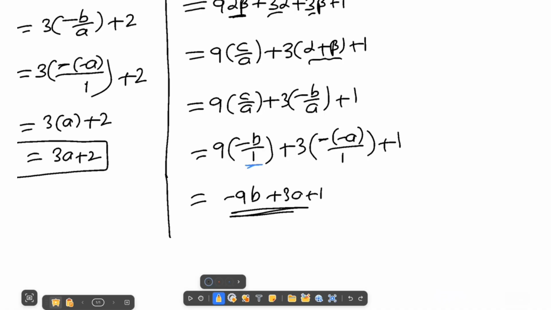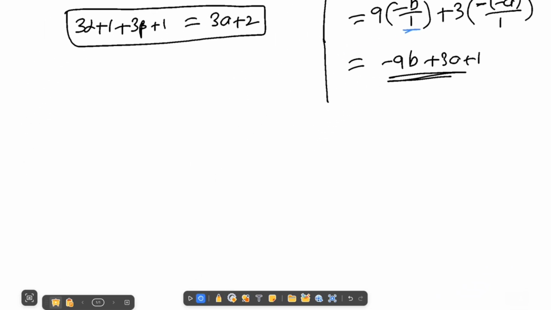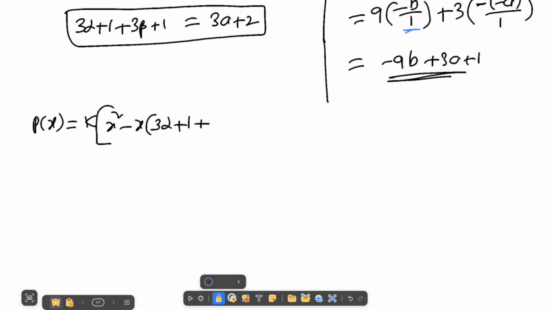So let's find the quadratic polynomial with these things. What is the formula to find the quadratic polynomial? p of x is equal to k of x square minus x of the sum of the zeros, 3 alpha plus 1 plus 3 beta plus 1, plus the product of zeros, 3 alpha plus 1 into 3 beta plus 1.